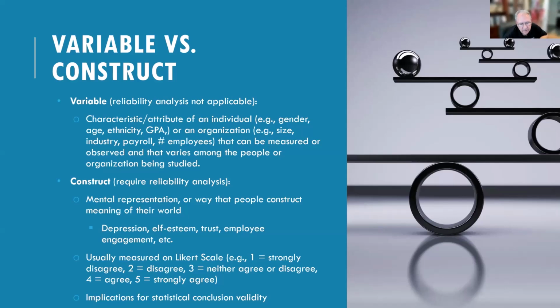They do require reliability analysis. So if you're using an assessment to determine things like depression or self-esteem or trust or literacy, then you need to validate those measures. Okay, so it's always important to understand the difference between a variable and a construct.